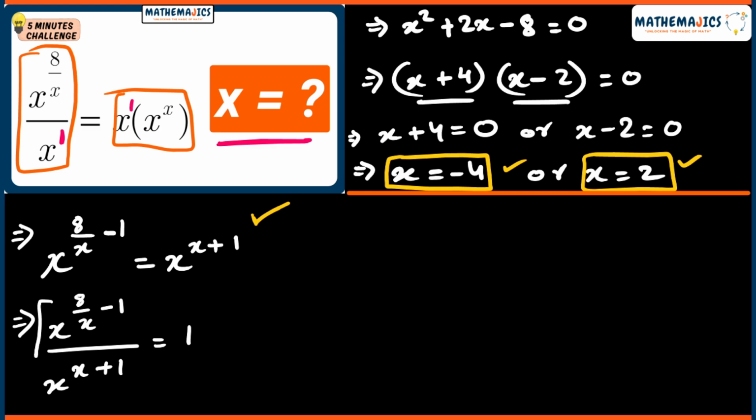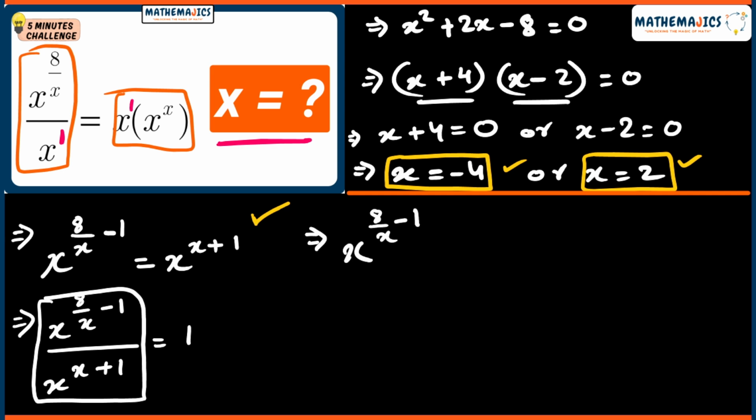Now, this left hand side can be simplified further. How? We will be using the exponent rule as I told you in the beginning. Simplifying the left hand side, we will get x raised to power 8 upon x minus 1 minus x minus 1. I'm using the exponent rule. This is equal to 1.